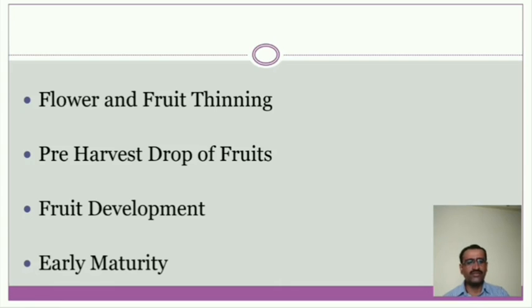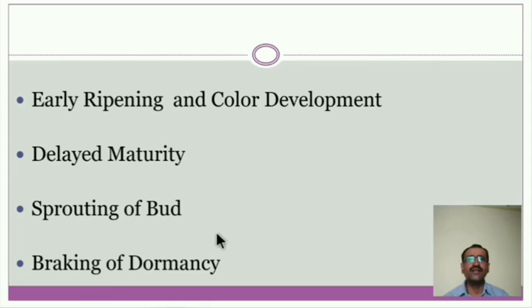Okay, next one is early ripening and color development. Here fruits like mango, banana, and papaya ripen after the harvest. Dipping of fruit in 20 to 50 ppm ethrel solution induces golden yellow color in the fruit and induces early maturity.